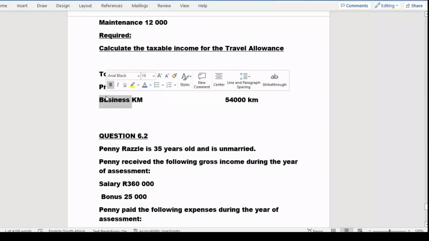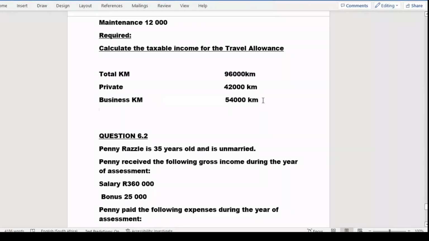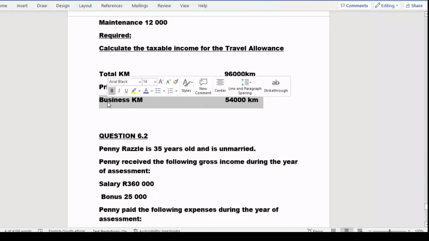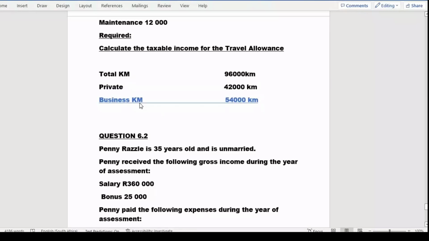Sir, let me ask, if we are not given the private kilometers, what were we supposed to do? You have to be given two of the three. If we are given total kilometers and business kilometers, then we're going to say 96,000 minus 54,000 to get to the private. Oh, okay.